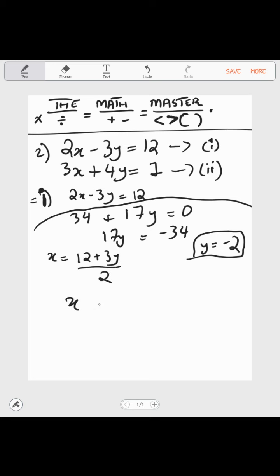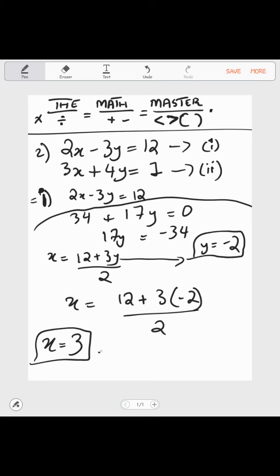So we can calculate x by writing x equals 12 plus 3 times minus 2, because y we calculated over here, over 2. 12 minus 6 is 6, and 6 divided by 2 is 3, so x equals 3 as our answer. And if they ask in coordinates, you can write 3 comma minus 2.